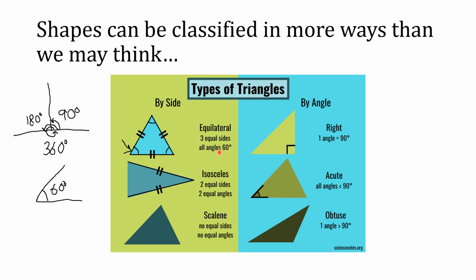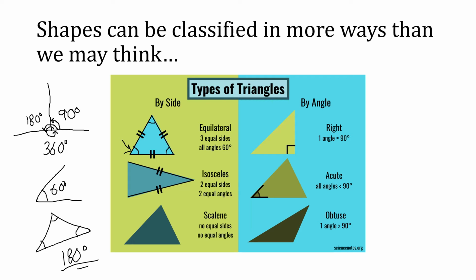So in the case of an equilateral triangle, all 3 sides are exactly the same length, and all the angles are exactly the same as each other, and they're all 60 degrees. One important thing to remember about a triangle is that if you add up the measurements of the angles on the inside of the triangle, so these 3 angles here, it'll always be 180 degrees.